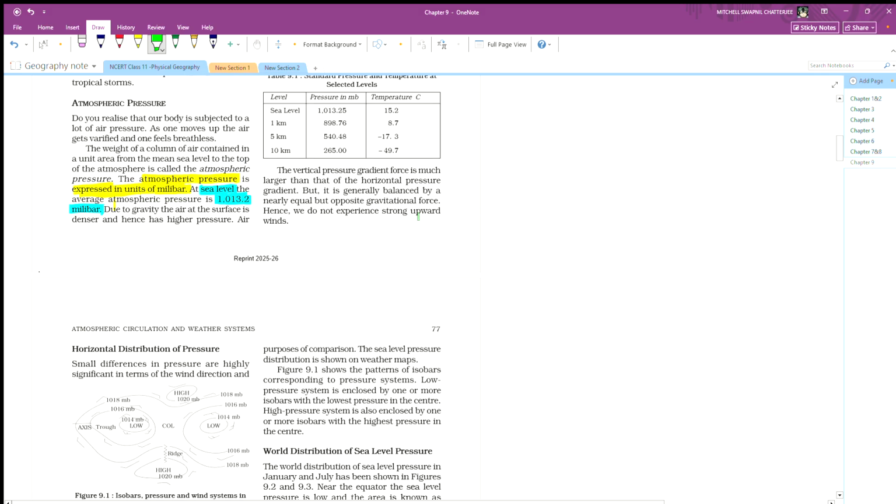It is saying that as we go up, the gravitational force balances out the change in pressure that we would feel when we go vertically upwards.